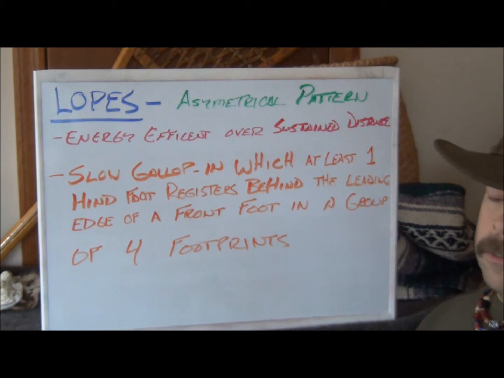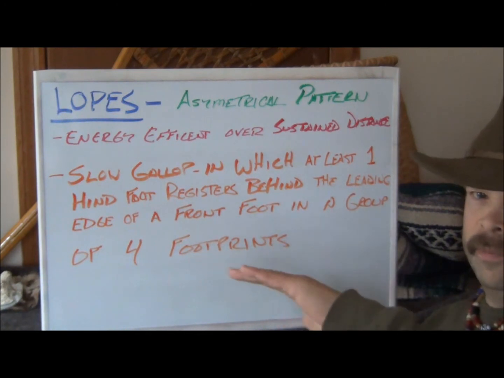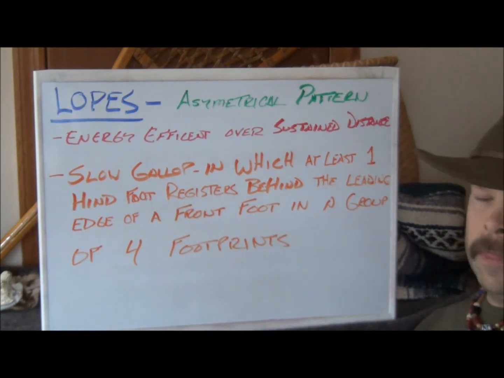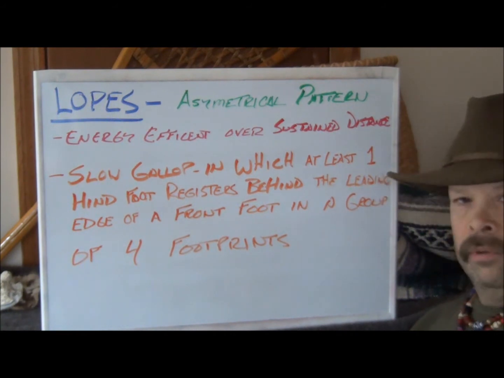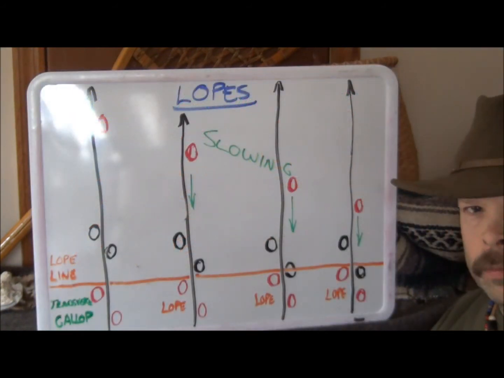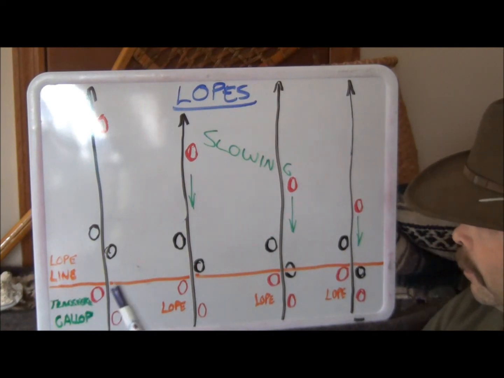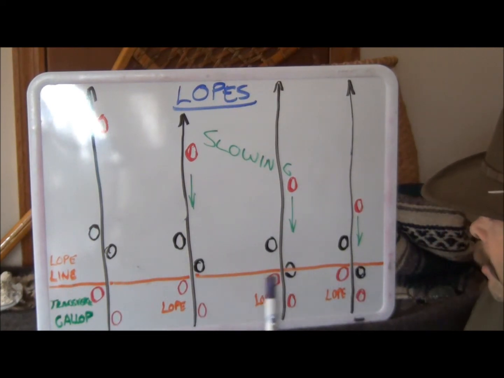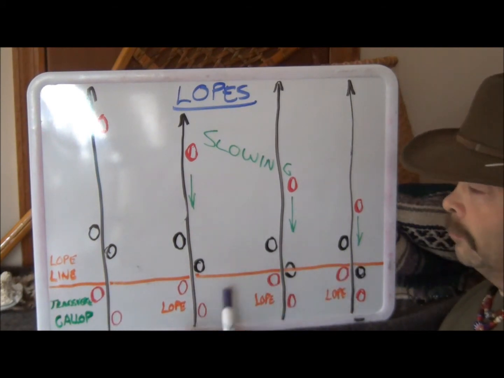All right. I need to put up another chart because there's 4 movements that I need to show you, as opposed to using the index cards first. So let's go to that now. Understanding lopes. The lope line is right here. You have 4 different trails here.